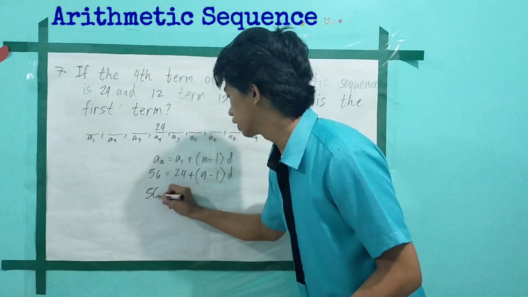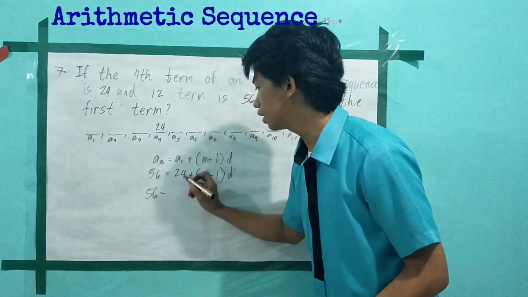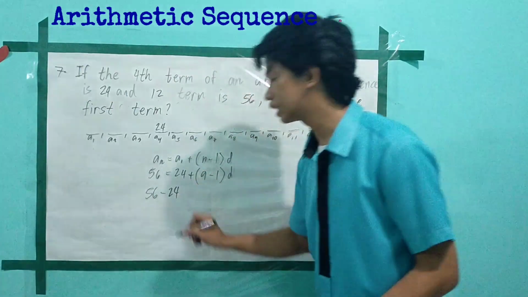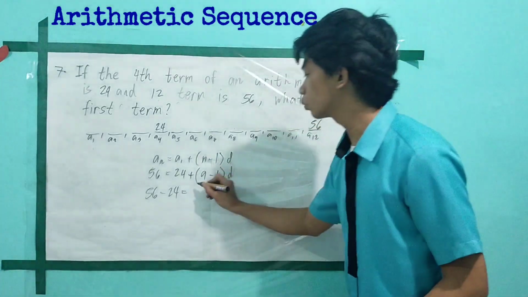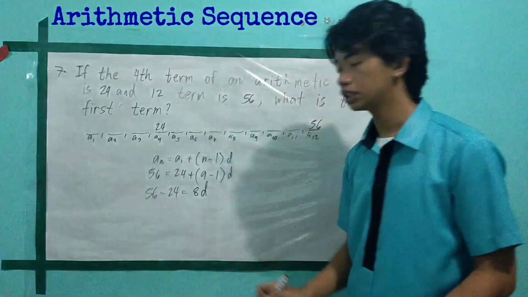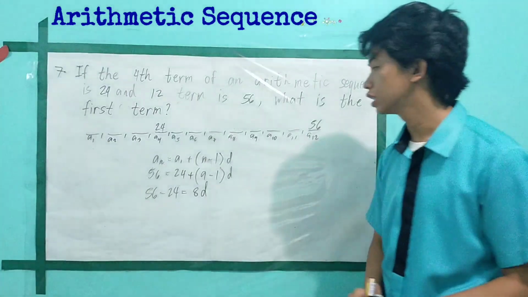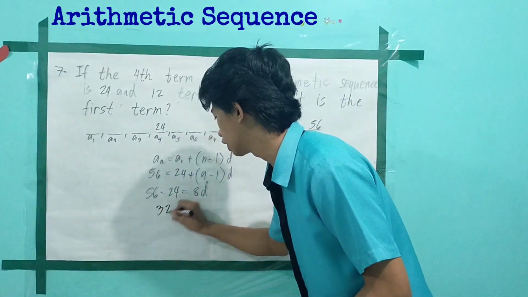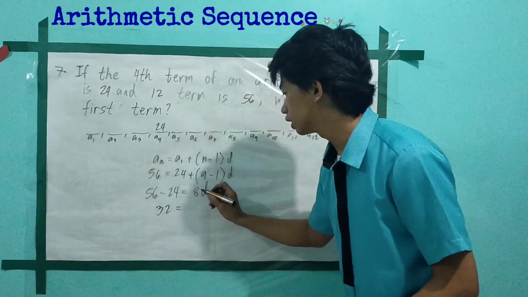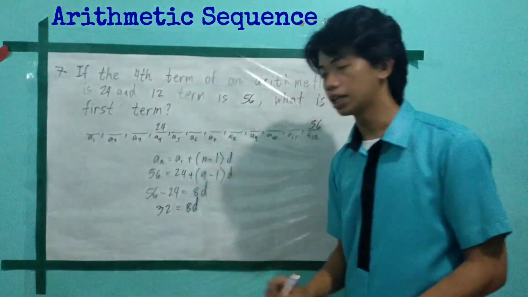So, 56, using APE, we have 56 less 24 is equal to 9 less 1, we have 8 multiplied to the common difference. So, 56 less 24, we have 32 equals 8D. Ayan.